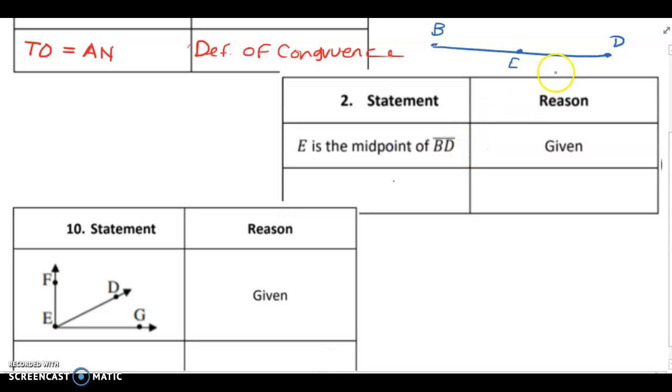So let's go back here. So we know that E is the midpoint. That means BE has to be congruent to ED. Okay, and that is by the definition of midpoint.